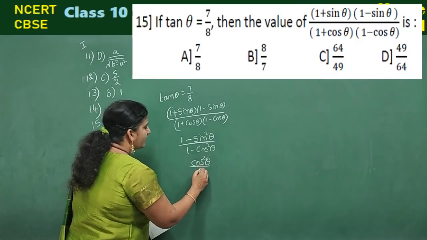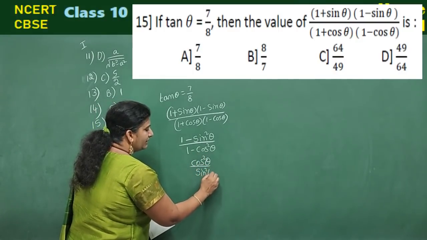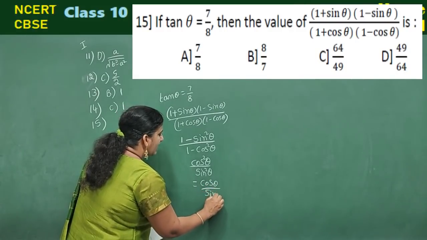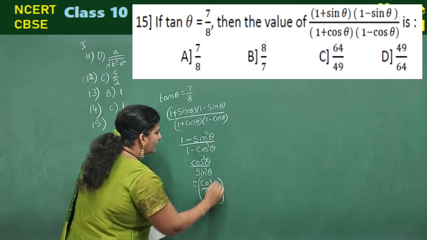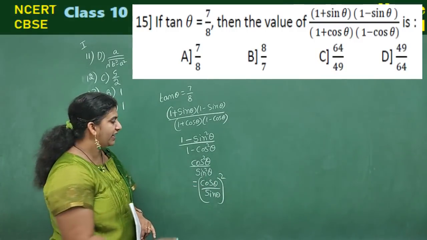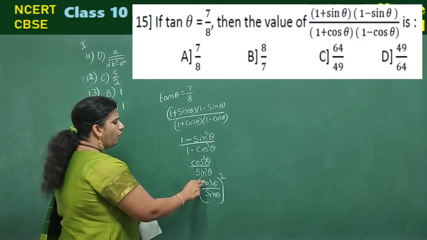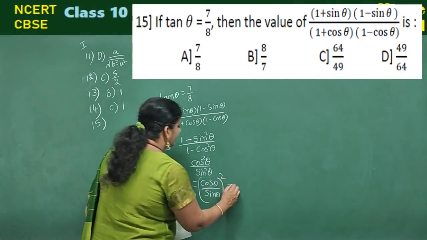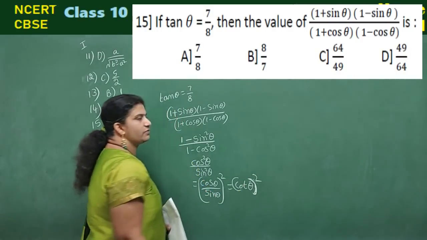And 1 minus cos square theta is sine square theta. Right? Cos theta by sine theta whole square you can write. This has a square and this has a square, so you can write whole square. What is cos theta by sine theta? It is cot theta. Cot theta whole square.